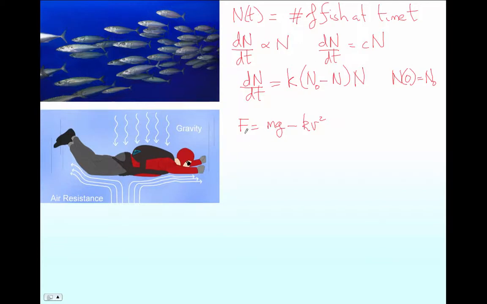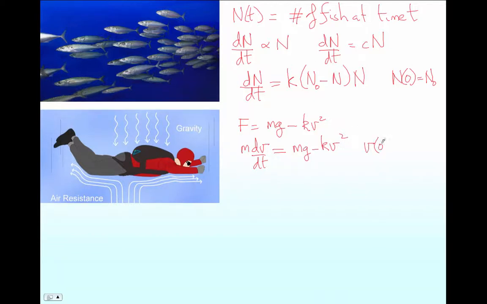But let's assume that the force then is mg minus kv squared, in which case Newton's law says that m dv by dt, so mass into acceleration, is equal to the net force acting upon the body, and that from above is mg minus kv squared.